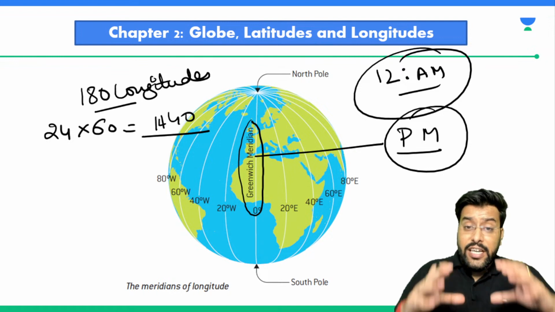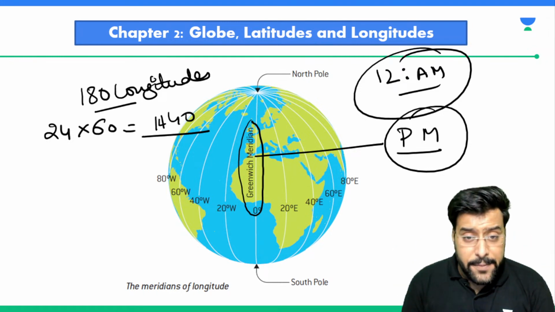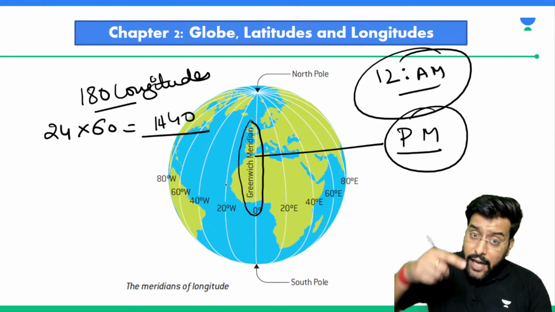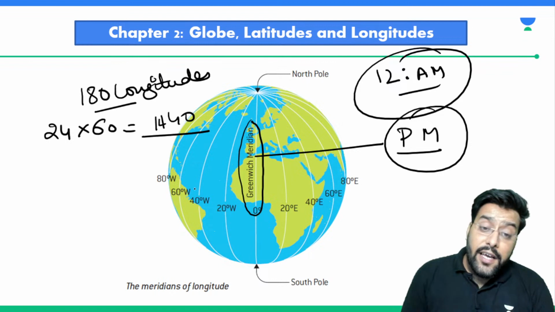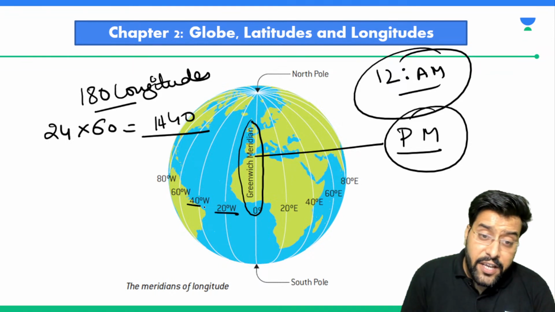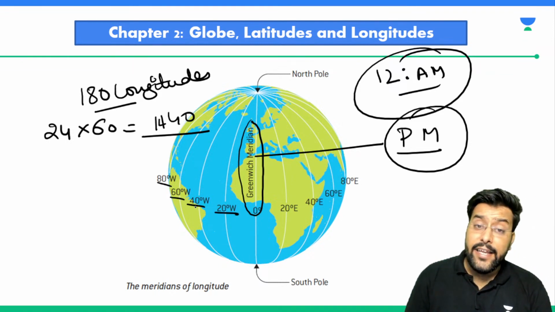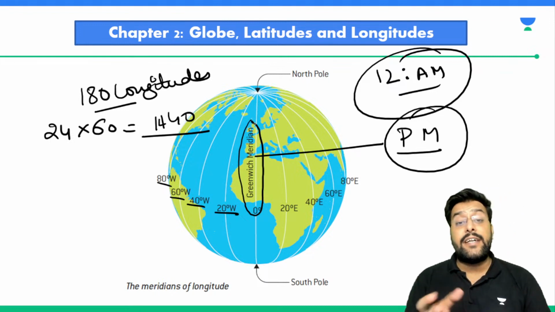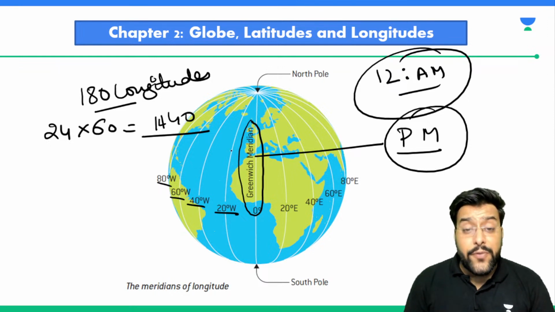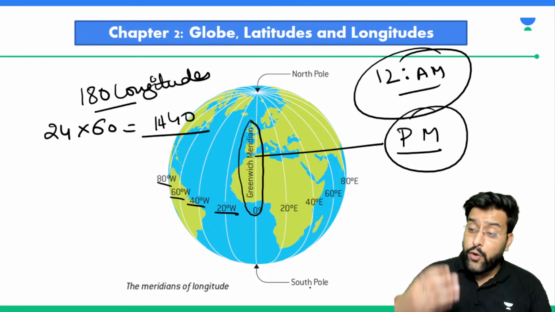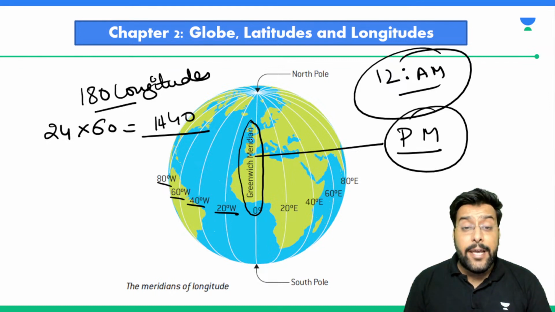So what we did was, the entire 24 hours, because what happens is, if sunlight is falling on Greenwich Mean Time, after some time, because of Earth's rotation, the sunlight will fall here, and ultimately after 24 hours again Greenwich Mean Time will receive the same amount of sunlight. Like if it is 12 a.m. today, after 24 hours again it will be 12 a.m. at Greenwich Mean Time.